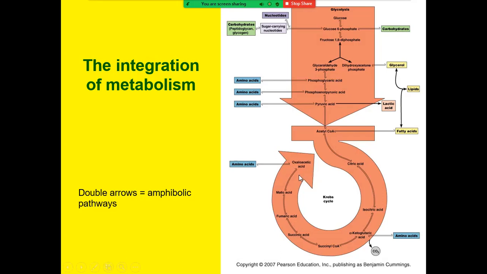And as you can see, humans are not very good at amphibolic pathways, making other molecules from another molecule, but we are pretty good at converting food into glucose. This isn't showing you two pathways, because this is not a direct pathway, but this can go here and then go up.